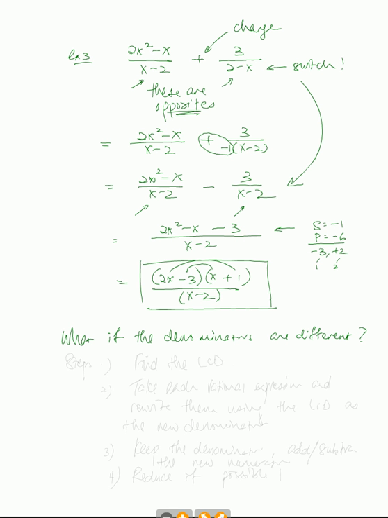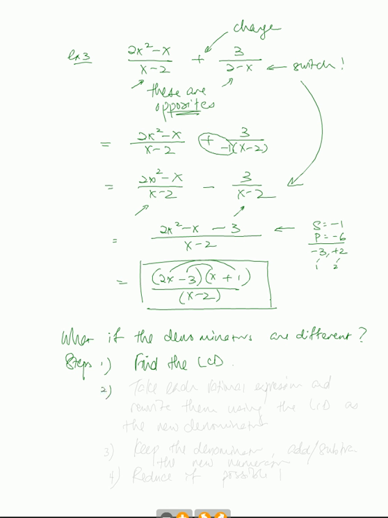Okay, but there are some denominators that are totally different, so there's no way I can switch to make them the same. So that's when you have to think of the LCD. Okay, so these are the steps. Let me write down the steps. So the first thing you want to do is find the LCD. That's why there was the previous section.